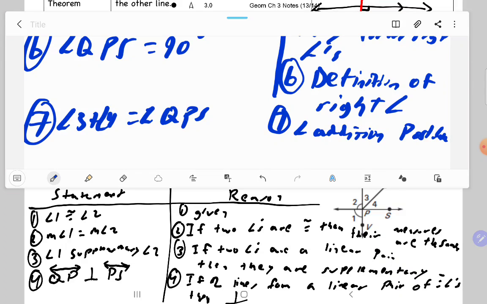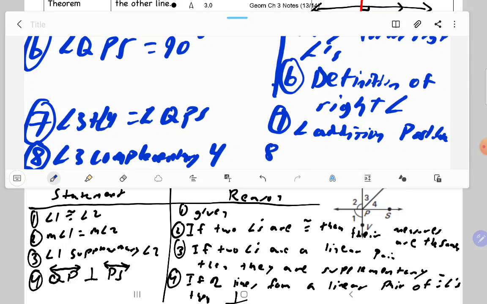And then lastly, we have now shown that angle 3 is complementary to angle 4. Because if 2 angles add up to 90, or let's just say definition of complementary angles.